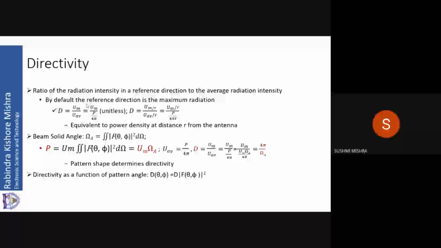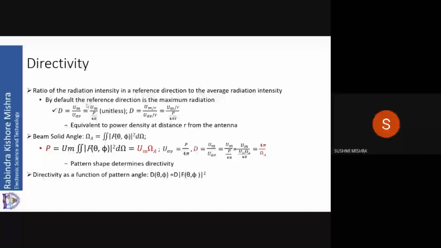F theta phi is the field, which is the E field. It is not the power. For power we are writing P. Then from the beam solid angle you can find P. So P will be UM into omega A.